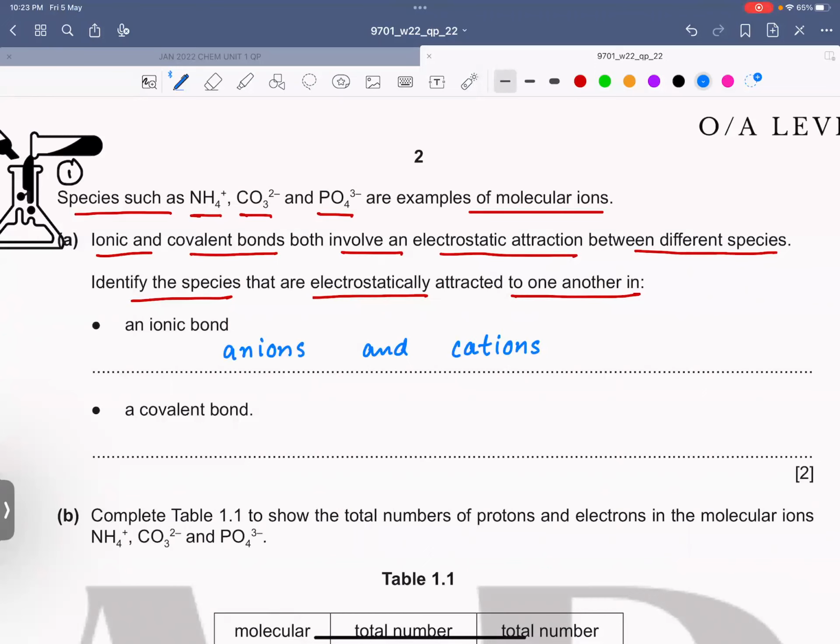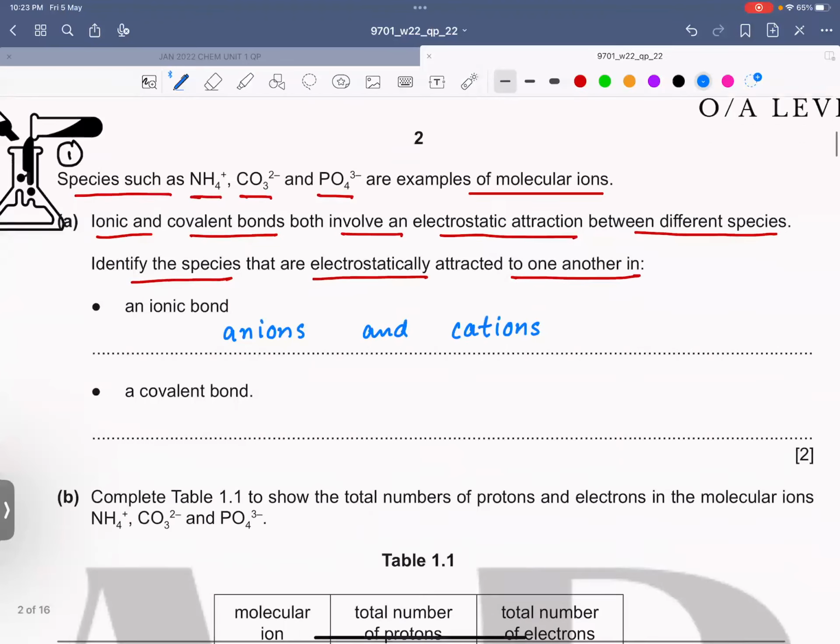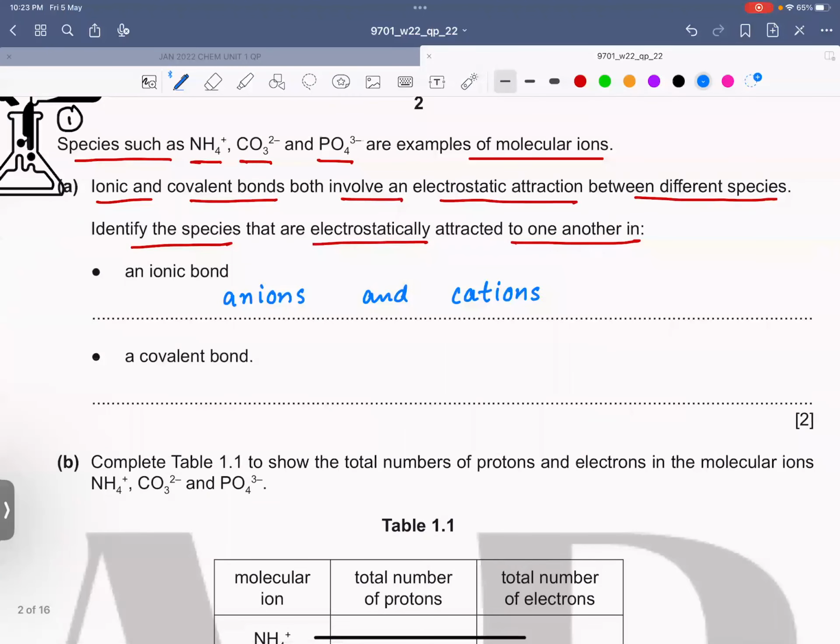Now, when we talk about a covalent bond, between which species is there an electrostatic attraction? Shared non-metal atoms. No, not atoms. Nuclei and shared pair of electrons.